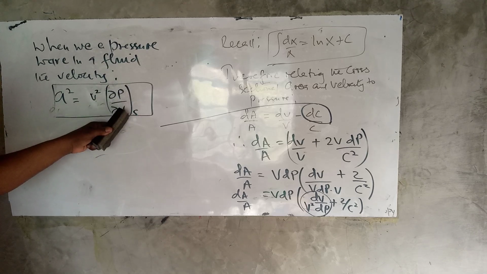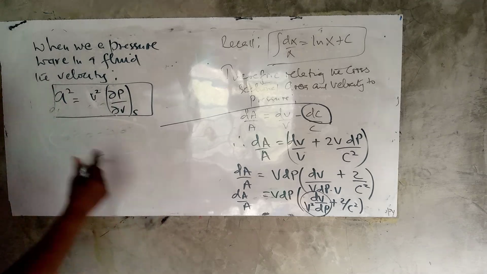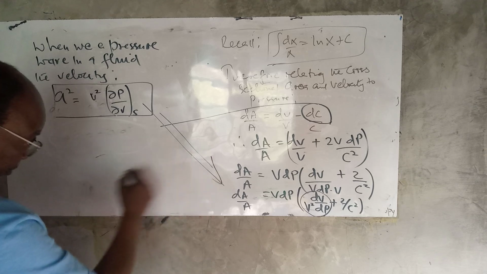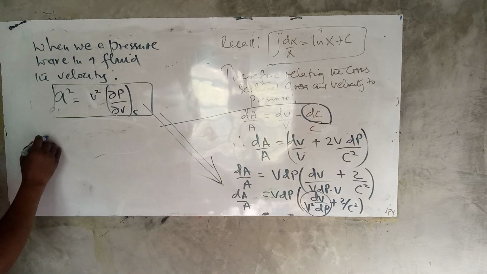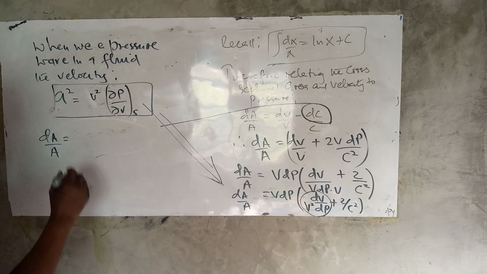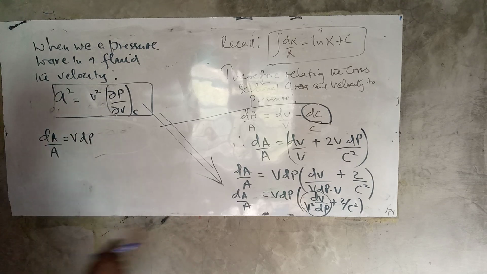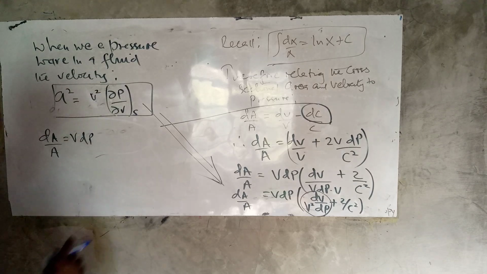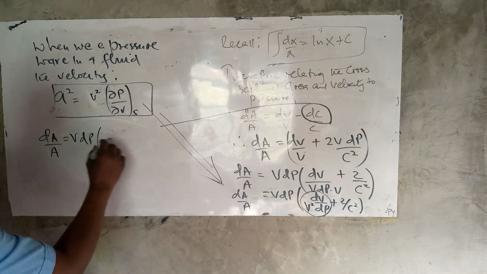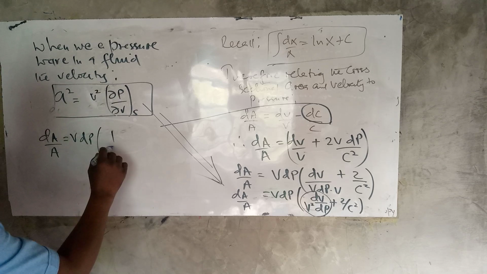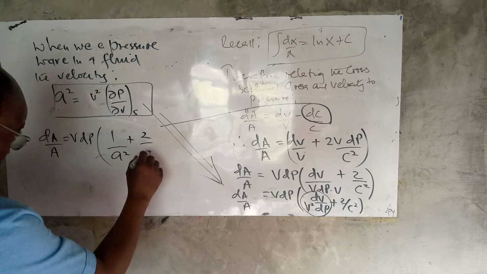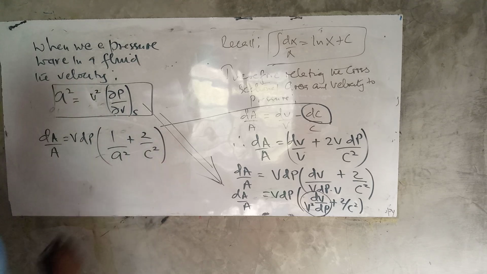If we substitute that expression there, then dA over A will be equal to V dP into 1 over A squared plus 2 over C squared.